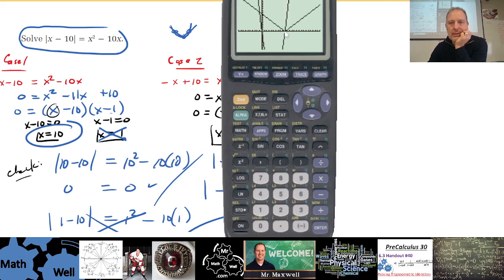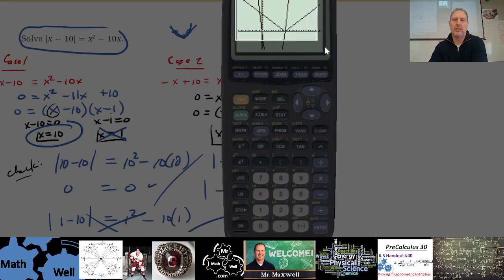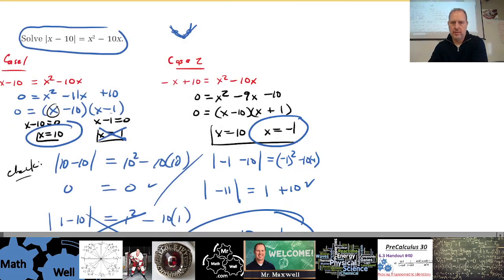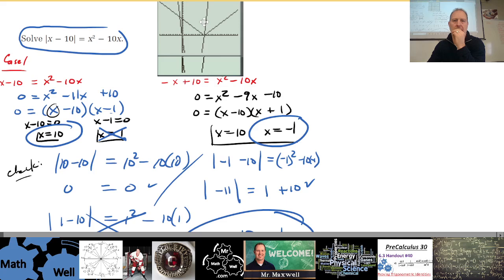There, and there. That's where it hits. Looks like negative 1 and positive 10. Now, I'm going to copy that. So let's keep this in mind here. Okay, so this is our graph.